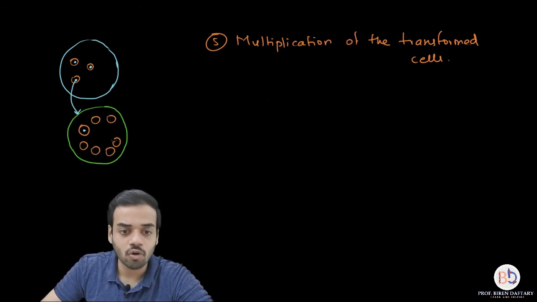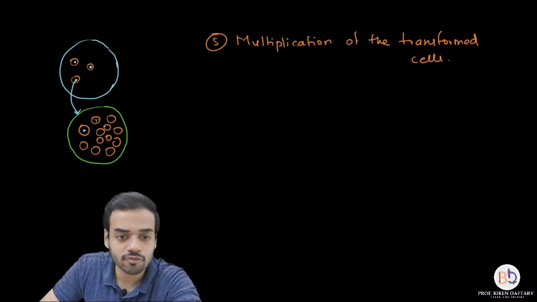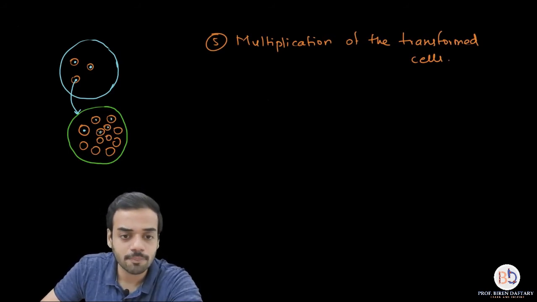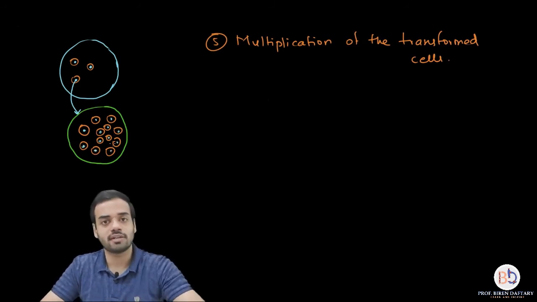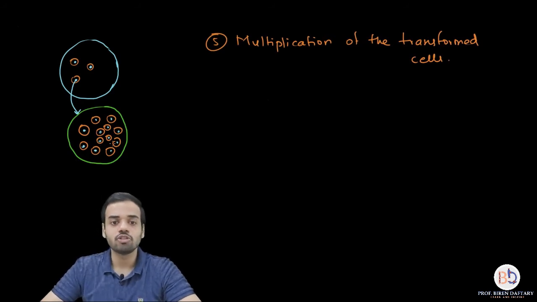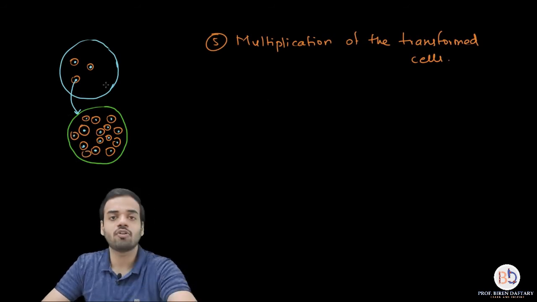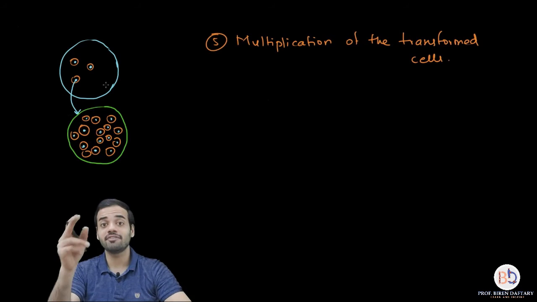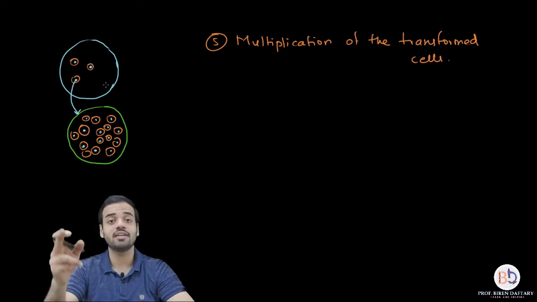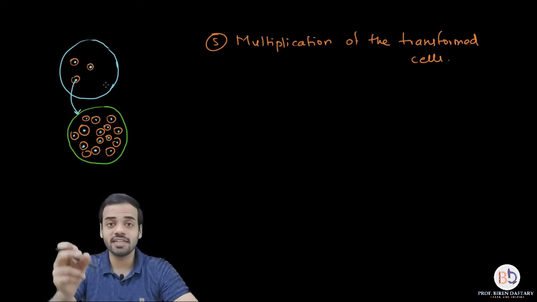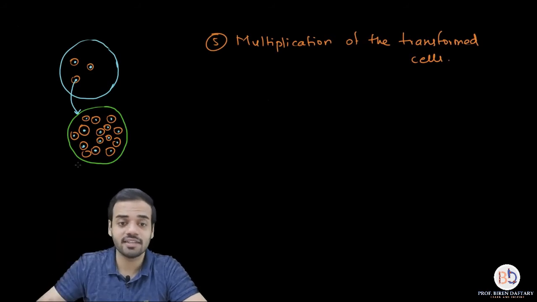Obviously all the bacteria formed after multiplication will be transformed, because once the plasmid is inside the bacteria, you know that the plasmid also replicates. That is one of its properties. So all the bacteria which will be formed will have the recombinant DNA inside them. They will have the foreign DNA or the passenger DNA or the required gene inside them.